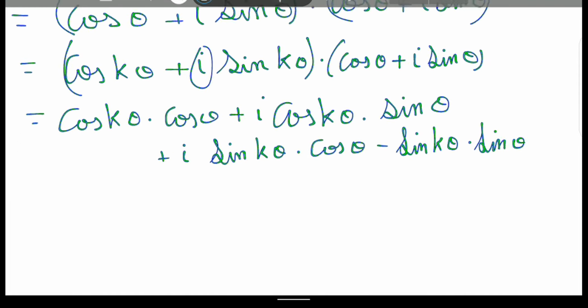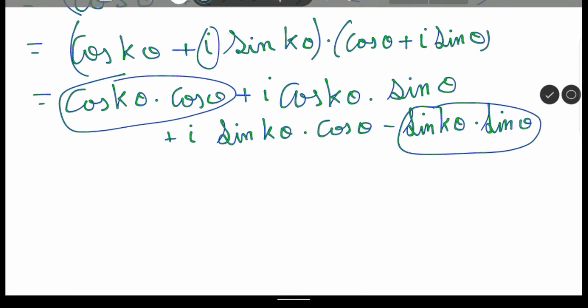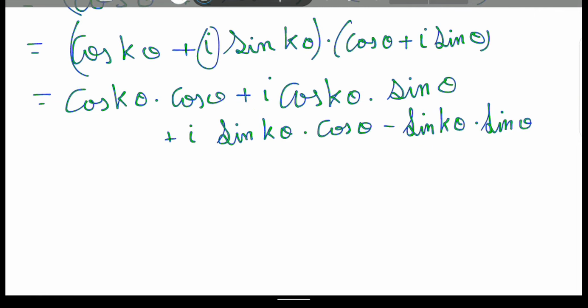So we have four quantities here. This is just a real number. This is also a real number. However, these two are purely imaginary numbers. So let's separate real and imaginary parts and write them separately.